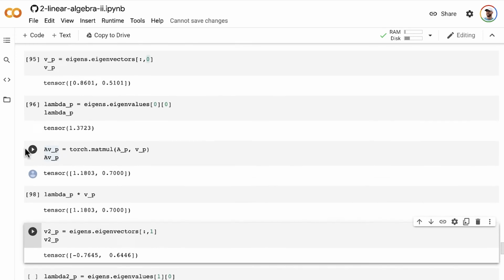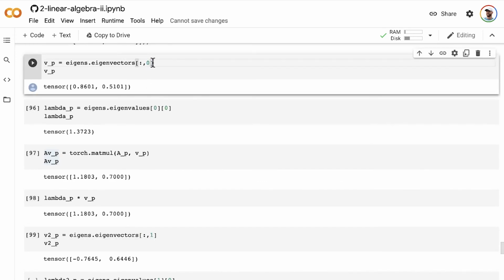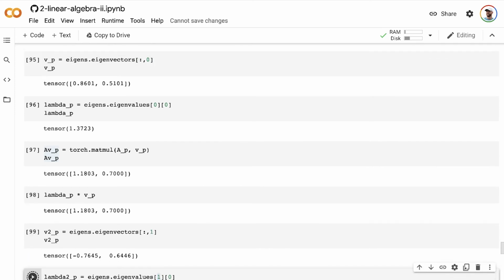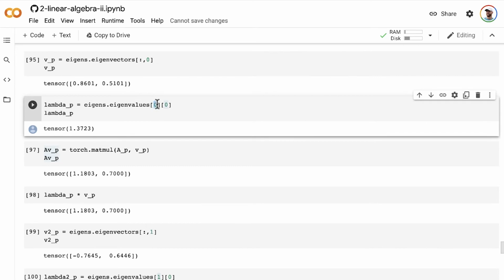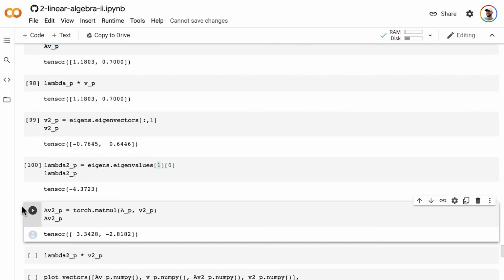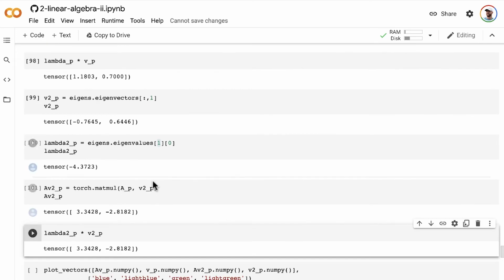So now specifying our second one instead of our first one, and our second eigenvalue instead of our first eigenvalue. And then again, perform matrix multiplication between our matrix A and second eigenvector, and our second eigenvalue and our second eigenvector. And yet again, they are equivalent to each other.